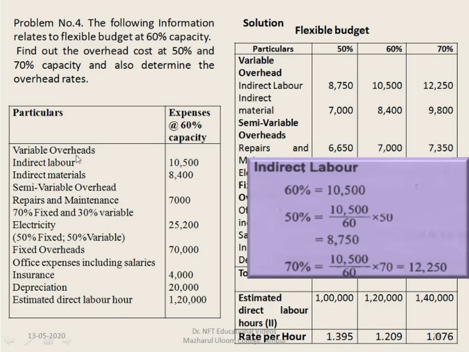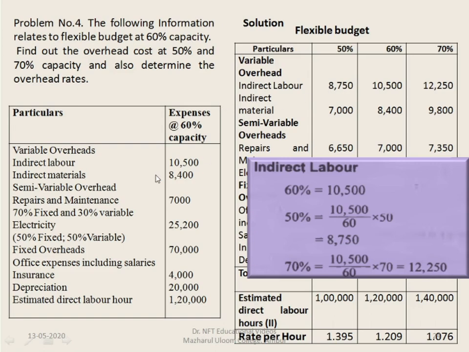Here overheads are given: indirect labor, indirect materials, semi-variable overhead, repairs, 70% fixed and 30% variable, electricity, fixed overheads, office expenses including salaries, insurance, depreciation, and estimated direct labor hours is given, that's 1,20,000. So this problem is completely different from the previous problems which we have seen, because here estimated direct labor hour is given. We'll see how to solve the problem.